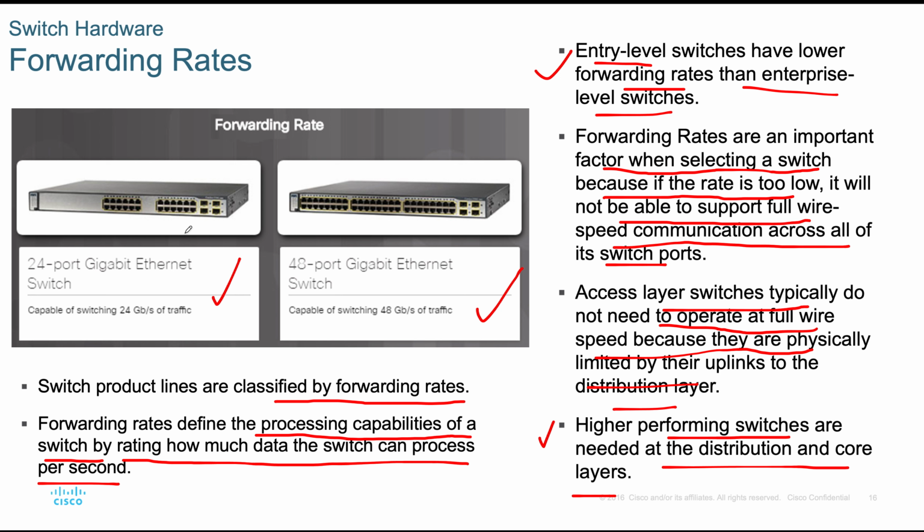Switch product lines are classified by their forwarding rate, so how much they can forward. Forwarding rate defines the processing capability of a switch by rating how much data the switch can process per second. Some are faster than others, in how much data the switch can process per second and forward these data packets to their various destinations. Is that okay?